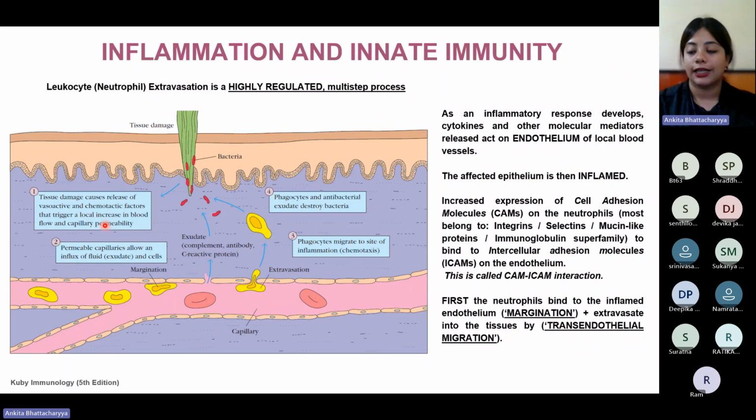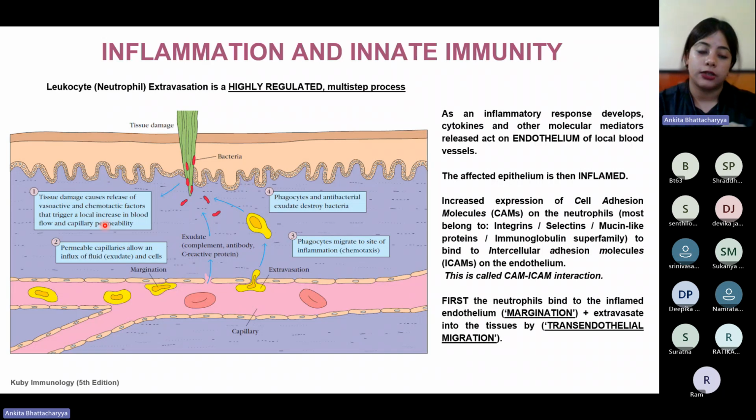So vasoactive means which will somehow trigger, somehow sensitize the vasculature of an individual. Such factors are known as vasoactive factors. And chemotactic is derived from the process of chemotaxis, which means movement in direction of a chemoattractant. We already talked about a chemoattractant, I think in reference to chemokines a while ago.